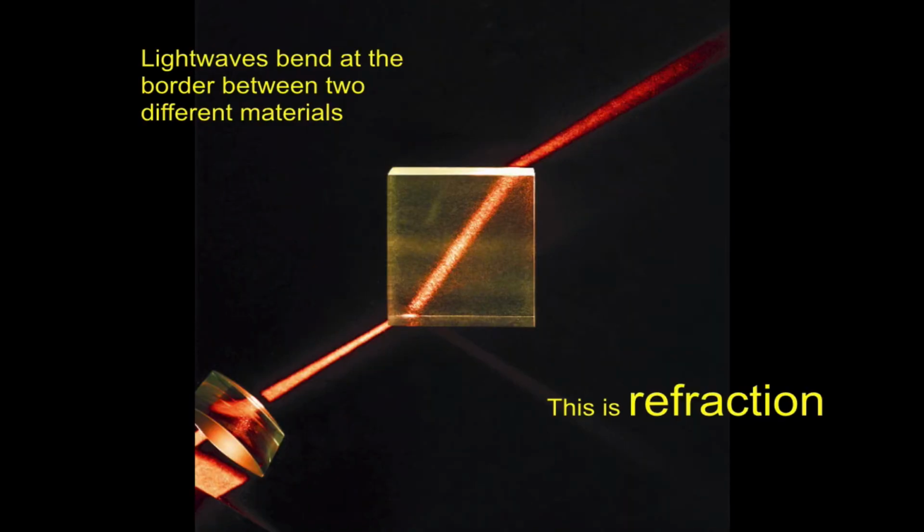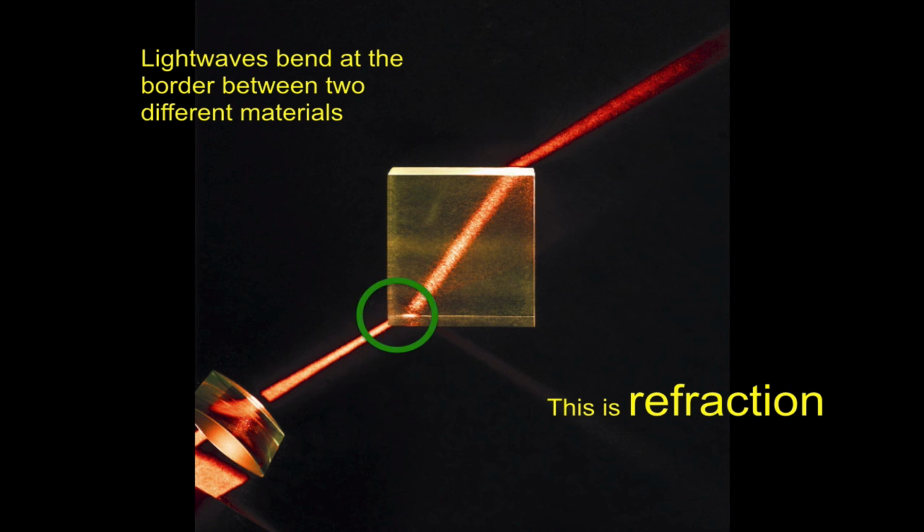Now, let's talk about a very curious property of light, and that is sometimes light waves can bend when they're at the border between 2 different materials. So in this example, when the light's coming in and it's hitting the glass prism, the glass rectangle, it actually bends because the density of the air, the thickness of the air, air's not very thick.